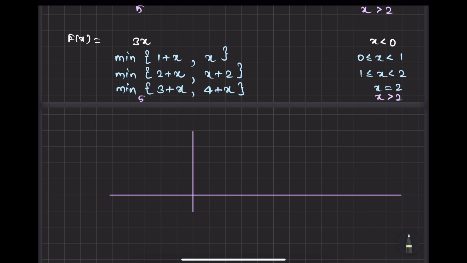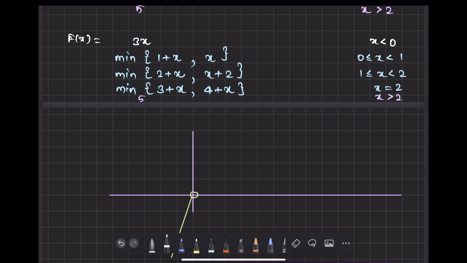If x is 0, right now I will open this with an open bubble because 0 is not defined for this. Okay. Now if x is 1, y will become 3. So it will go this way. Okay. y equals 3x. I hope this graph is clear.